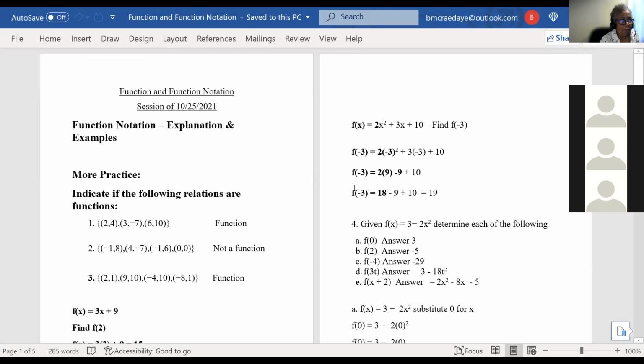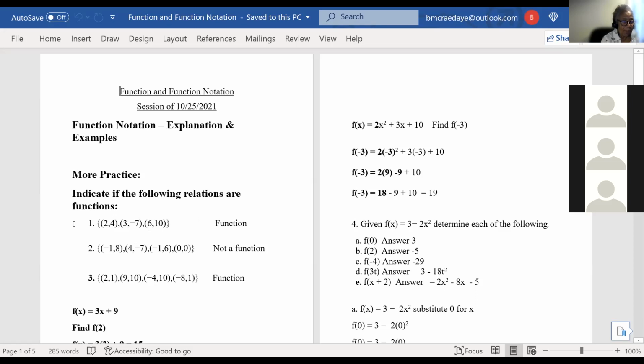Okay, can you see it now? Function and function notation? Yes. You see, indicate if the following are relations or functions. Now, when your pairs have x values that are all different, then those relations represent functions. These are xy pairs: x 2, y 4, x 3, y -7, x 6, y 10.